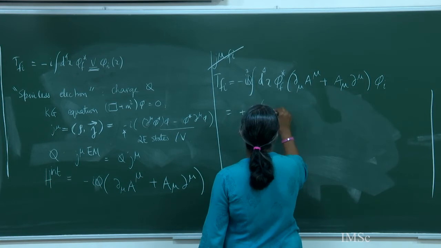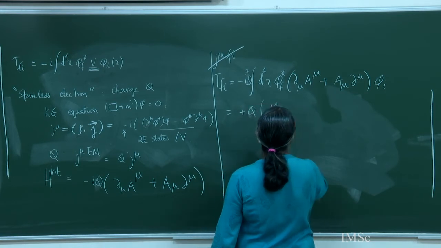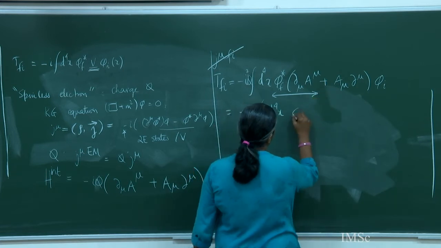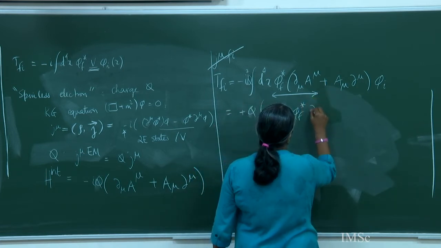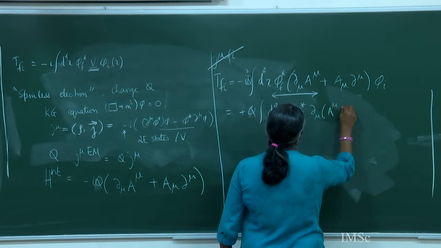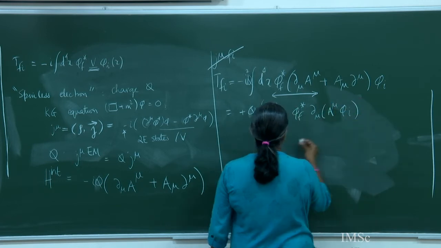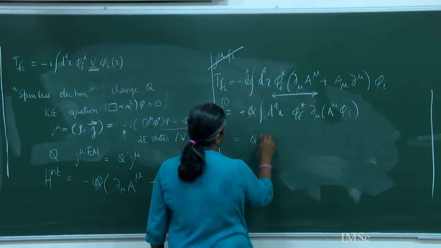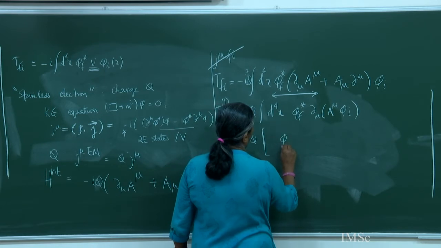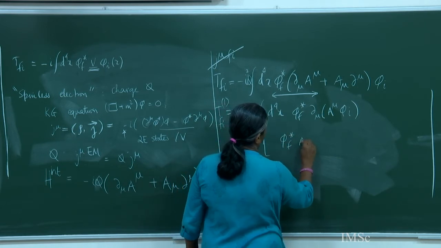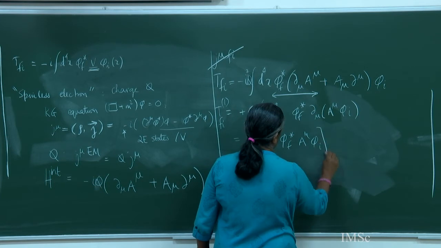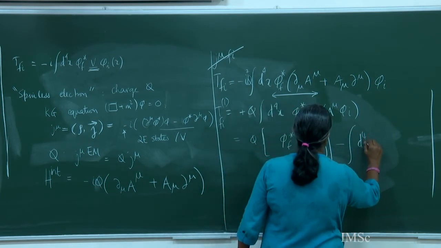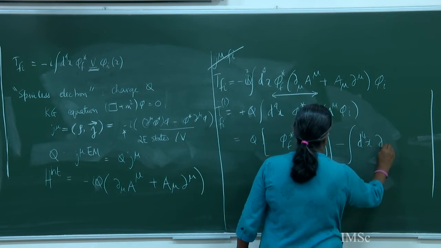So the first term, let me write it down, phi f star d mu A mu of phi I, that is equal to phi f star A mu phi I. I think there should be a negative sign in front of q, second line.